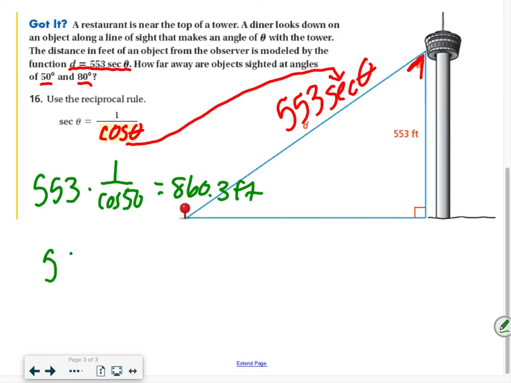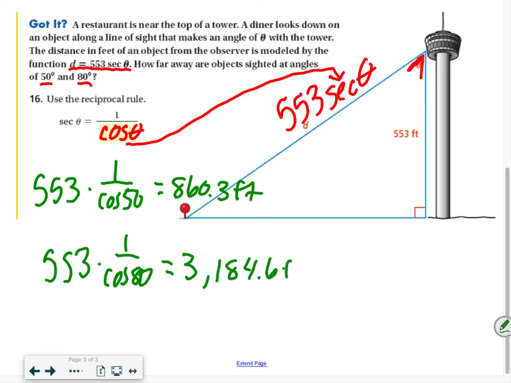And the next one, I'm going to take 553 times 1 over the cosine of 80, which is 3,184.6 feet. Doesn't tell what to do with it, just asks what the distance is.